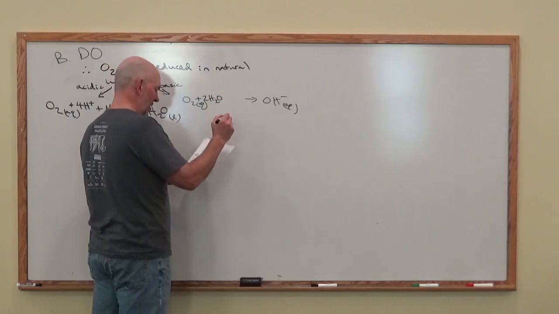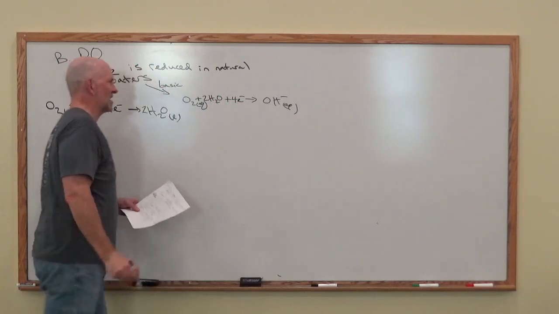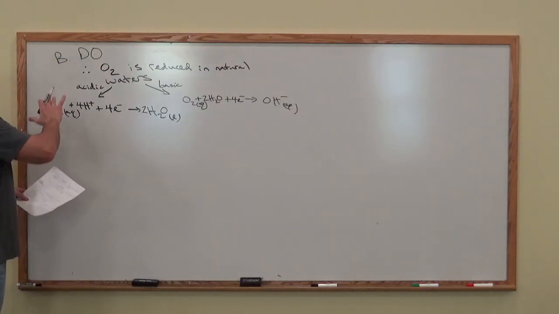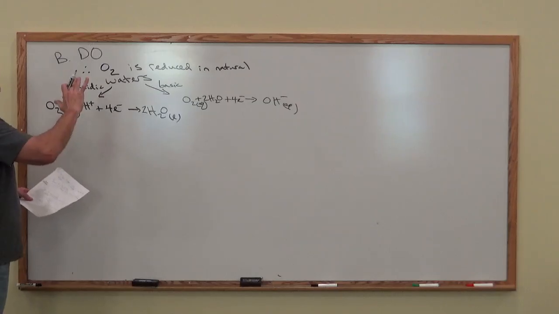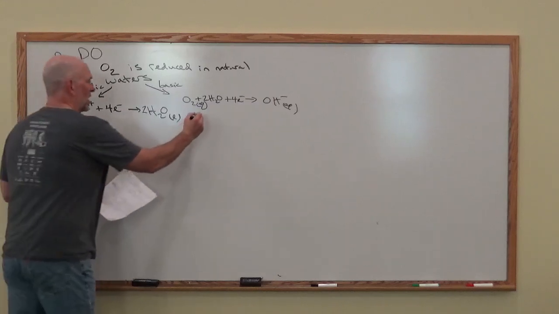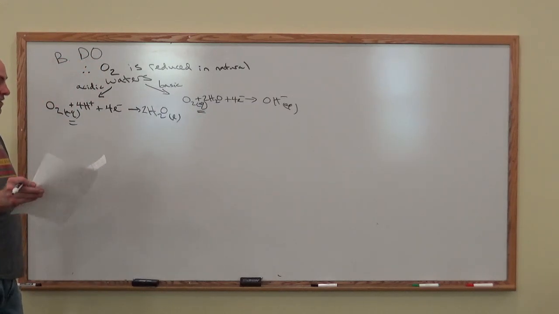It's not a great way to put it, but it's somewhat accurate. That's the chemical equation. So in both cases, oxygen is reduced, and it depends if it's an acidic or basic solution. I'm just emphasizing, we're not talking about gaseous oxygen anymore. We are talking about aqueous oxygen.